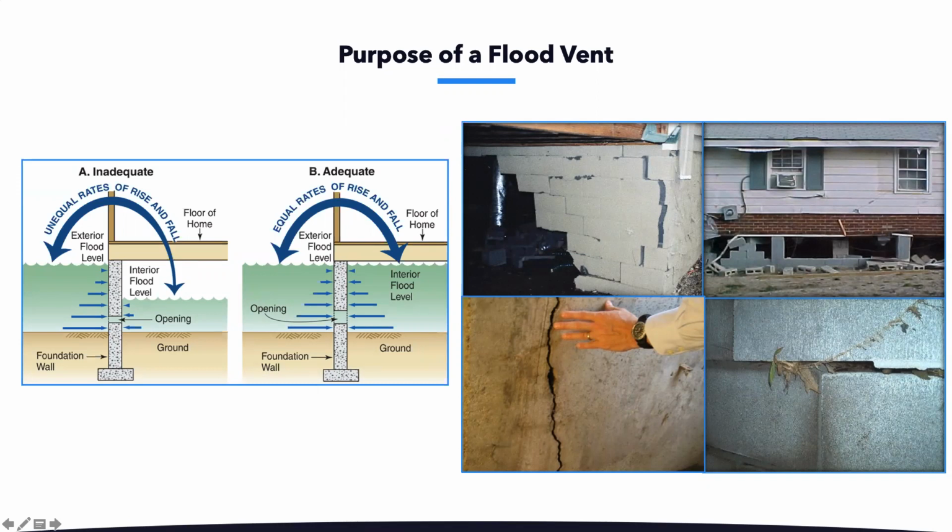Whereas when you have adequate flood venting, a larger opening or an engineered flood vent, you're going to allow that water to equalize pressure on both sides of the foundation. So now, as a result, that foundation is only accepting the load vertically, coming from the house into the ground. It's not having any hydrostatic pressure forcing it in or out. So that is the actual purpose of a flood vent.